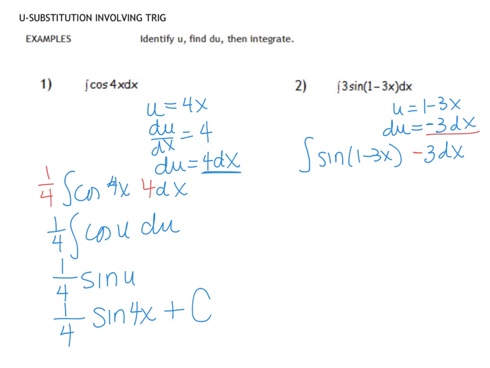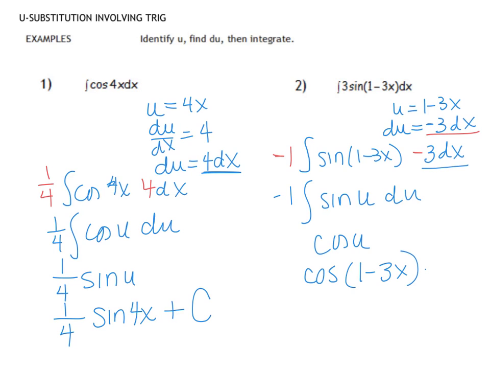So I've got the negative here and the negative 1 out here. If I rewrite this, I have negative 1 sine u, and then this is du. The integral of sine is negative cosine, so this is going to be cosine u, and u was 1 minus 3x, plus c.